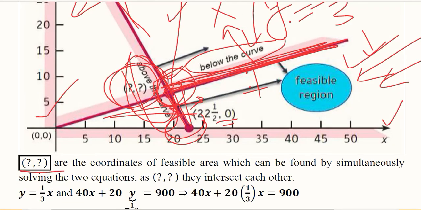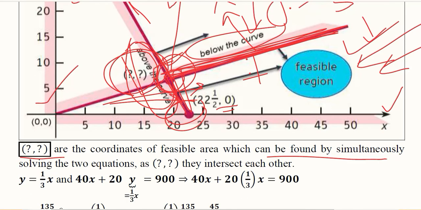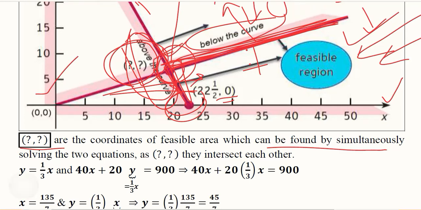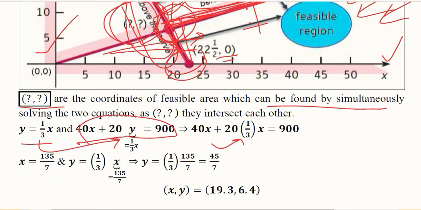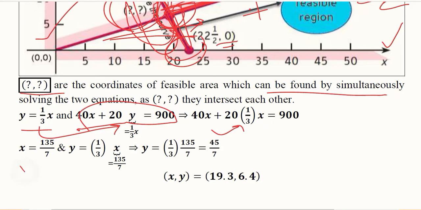So here we have this concern, and for that what we can do is we can try to solve the two equations simultaneously, these two constraints. And we know that this is the second constraint, this is the first constraint. From the second constraint we can put the value of y here in the first constraint, that we have done here, and as soon as we did this, we got the value of x and we got the value of y.